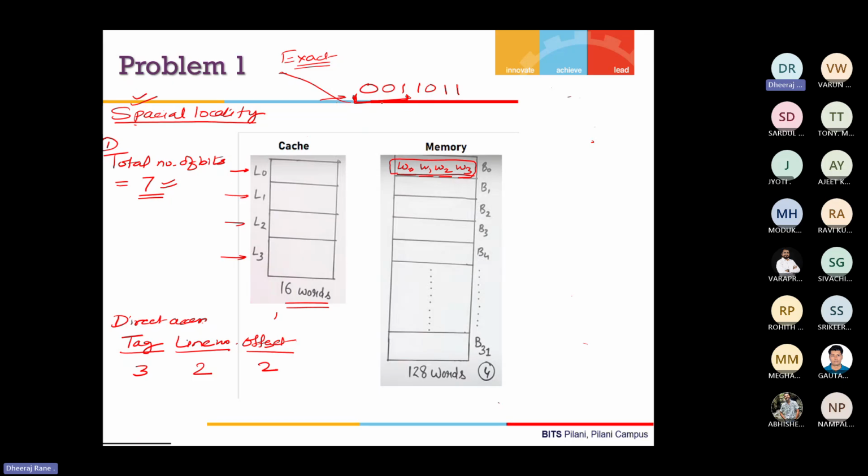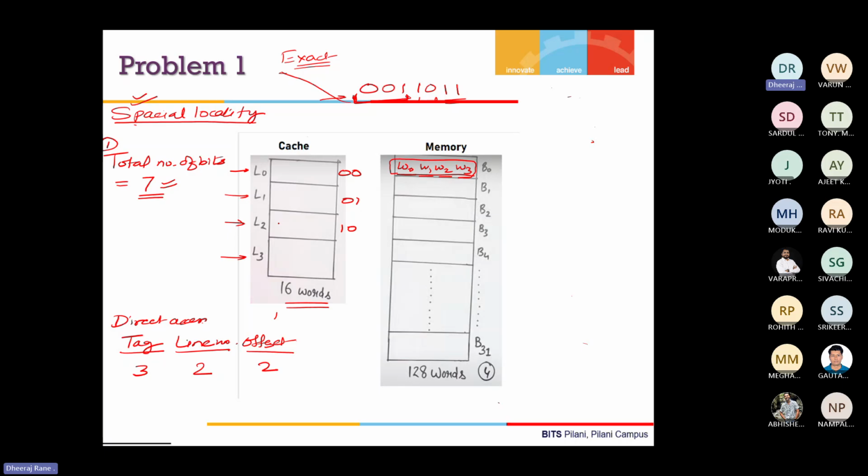Right, so if this is the address, you can see that these two correspond to the line number. So this is 00, this is 01, this is 10. So this means that the data should be in L2, and the offset is 11.